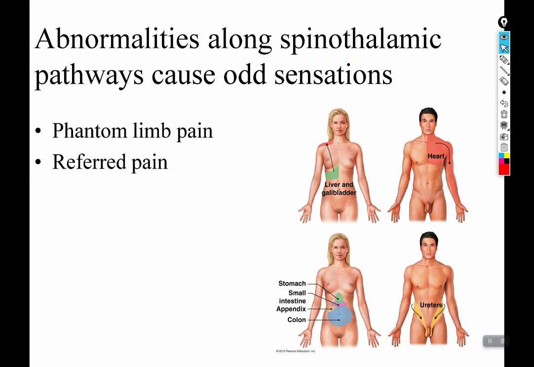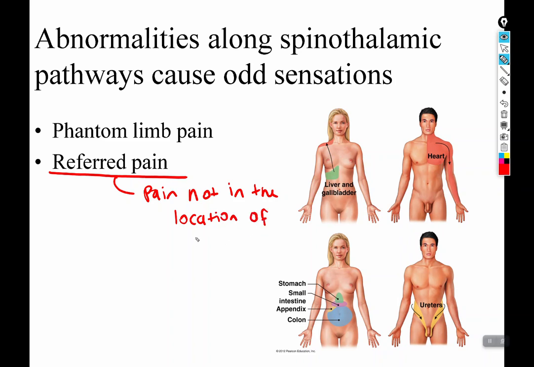And so if in the process of going somewhere, the spinothalamic pathway accidentally excites a visceral receptor, that can cause what's called referred pain, which is where you're feeling pain that is not in the location of the pain signal.